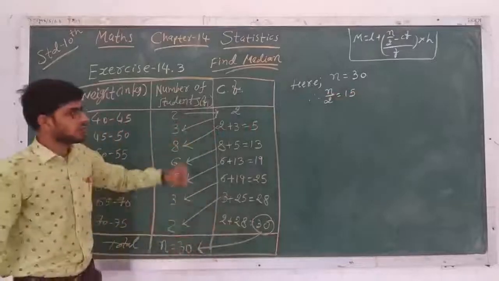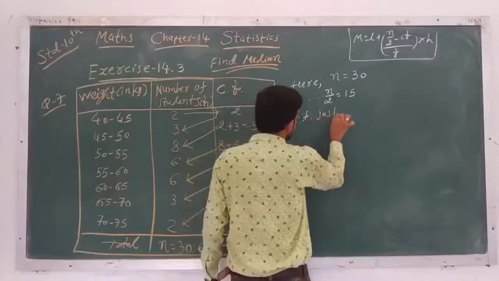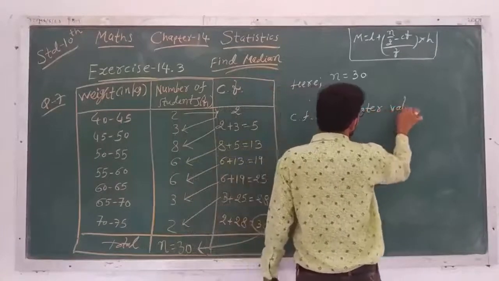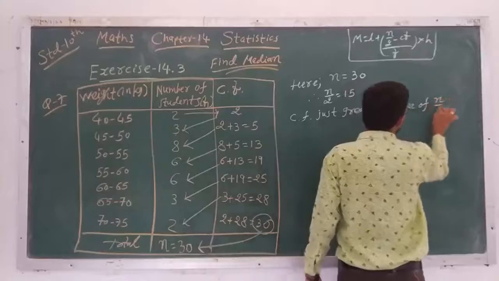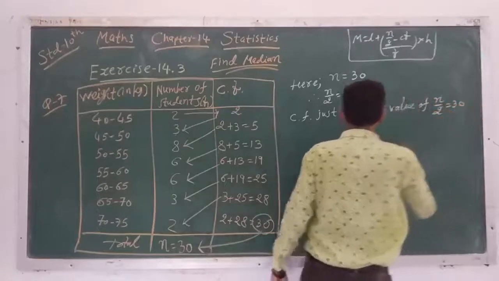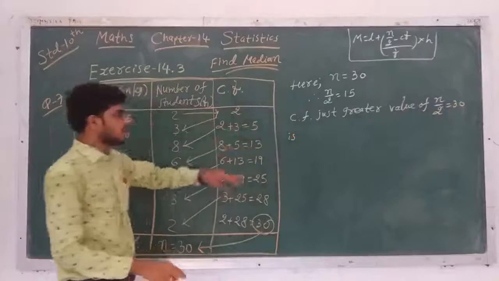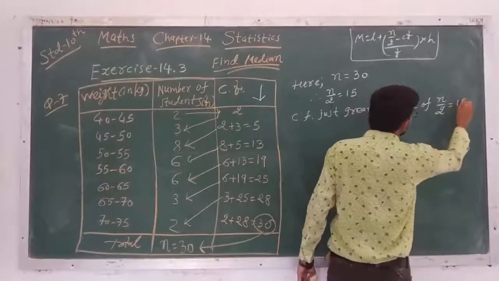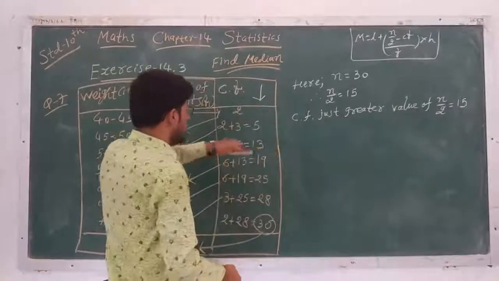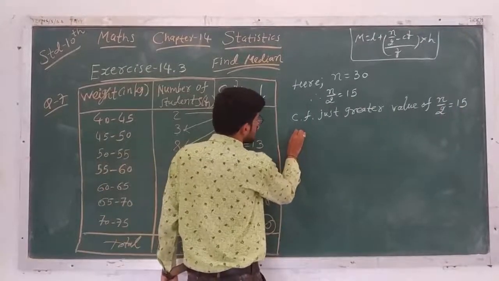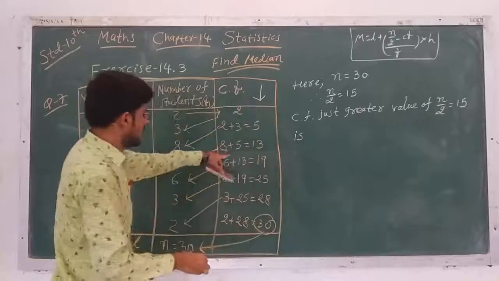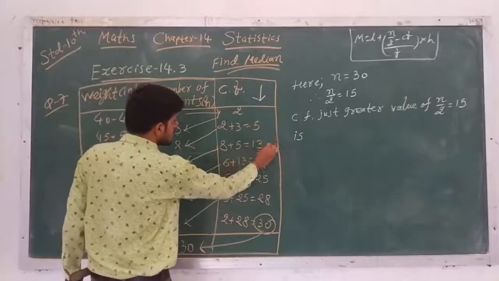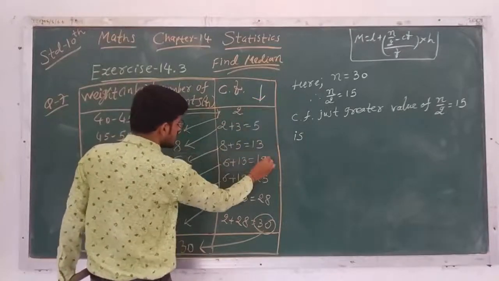So we look for the cumulative frequency just greater than the value of n by 2, which is 15. The value just greater than 15 is 19. Just greater means we have to check in the CF column, and it is 19.